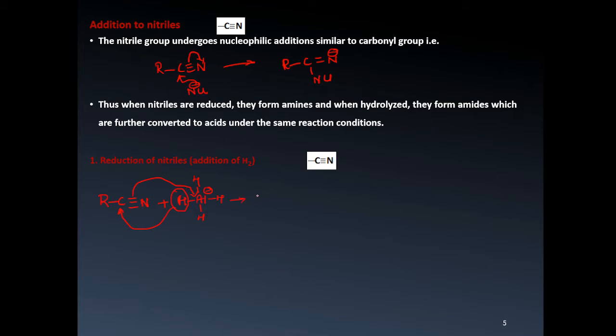So formation of R C H double bond N aluminium H, and this is H and the lithium Li plus. So another molecule of aluminium hydride will come and attach to this carbon.